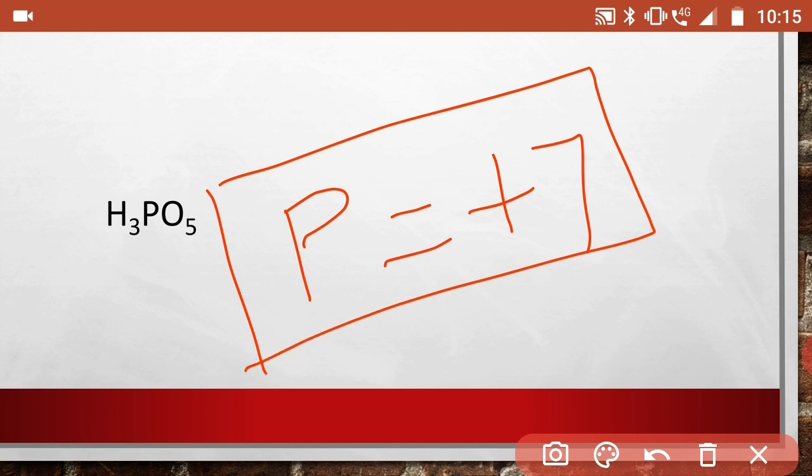What do you think? Is it possible that sulfur and phosphorus have the oxidation state +7? No, it is not possible. Sulfur can have a maximum of +6 oxidation state and phosphorus can have a maximum of +5 oxidation state.